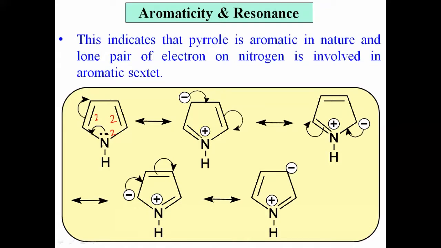In the pyrrole, total 6 pi electrons are delocalized in the ring, which means that pyrrole obeys Huckel's rule. Pyrrole obeys Huckel's rule because it is a cyclic compound, it is planar, fully conjugated and has 4n plus 2 pi electrons. Why does it possess 4n plus 2 pi electrons? Because a total of 6 pi electrons are delocalized over the pyrrole ring: 4 electrons from the 2 pi bonds and 2 electrons from the nitrogen.